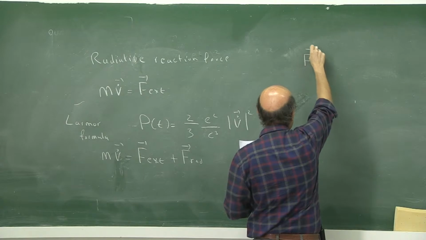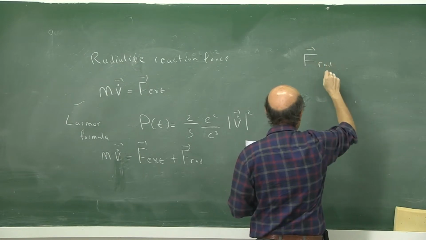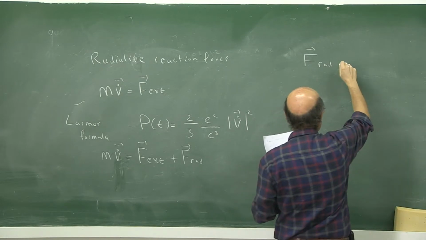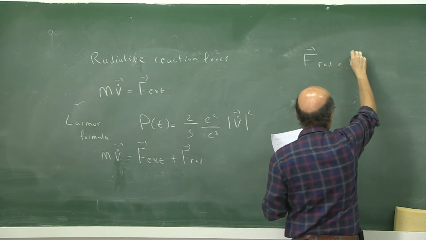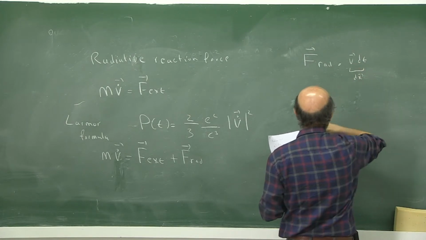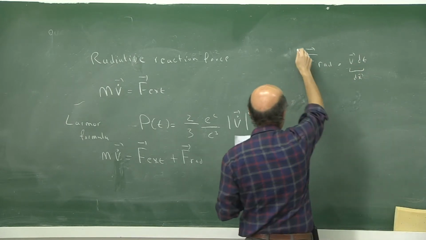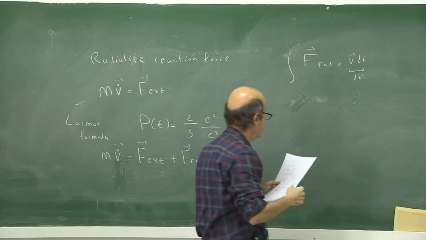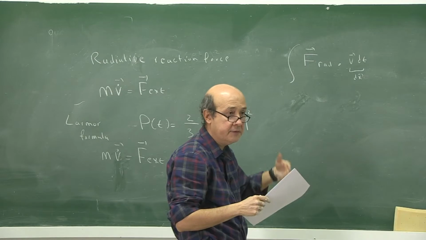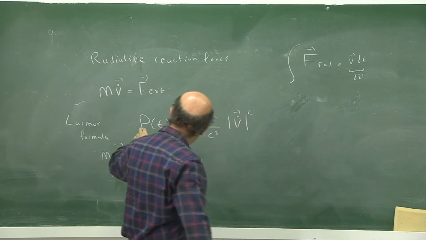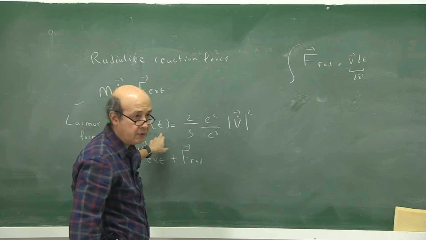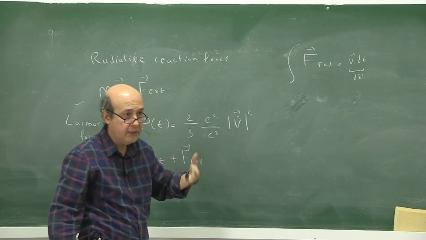If you want to find the radiative reaction force, take any displacement; the total work done by the radiative reaction force should equal the negative of the time integral of the total emitted power.